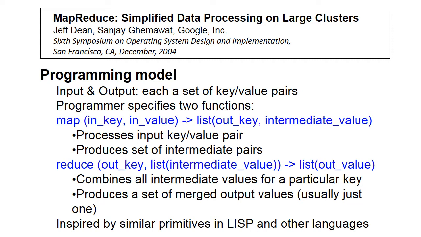Okay, and we call this the intermediate value. So the map function essentially processes the input key value pair and it produces a set of intermediate key value pairs. And there is a reduce function which works on the output keys and combines all the intermediate values for a particular key and simplifies it and gives out usually a list of output values.